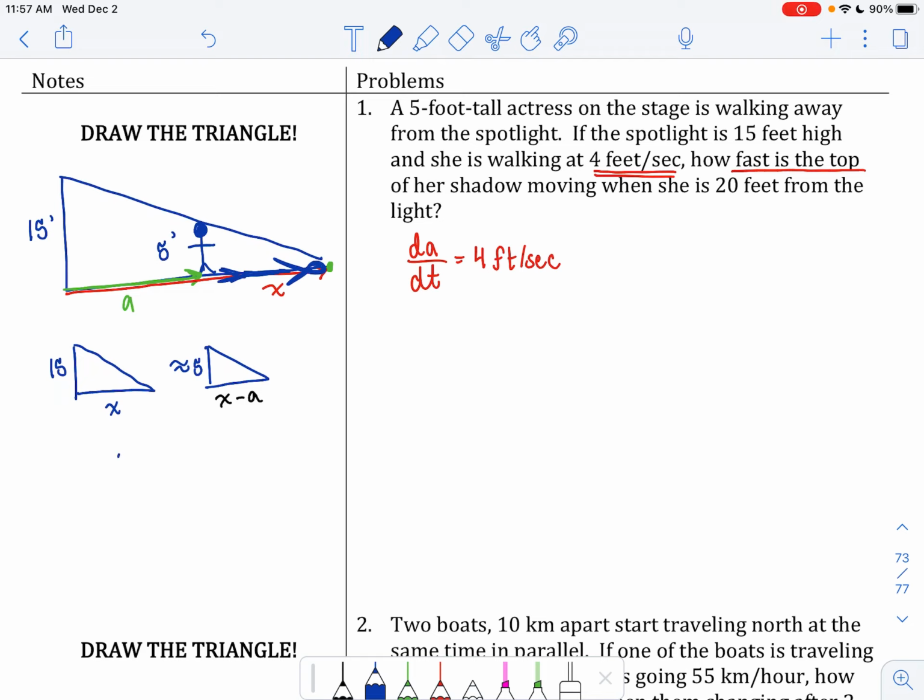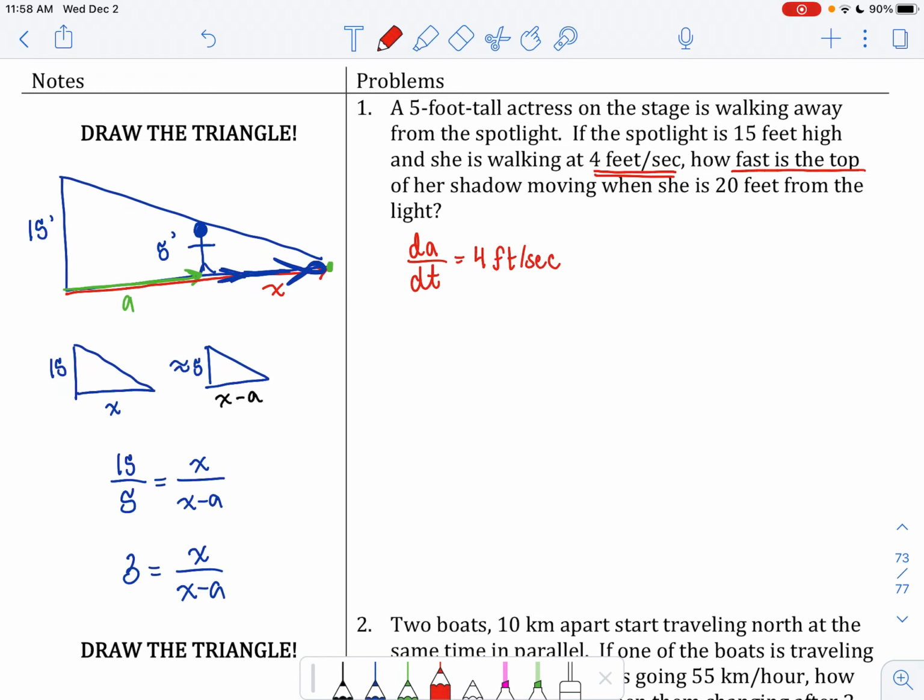So we would say, in this case, 15 over 5 is the same as X over X minus A. I would relate that even closer to say that we have then 3 is equal to X over X minus A. And now we have our equation that we can deal with.